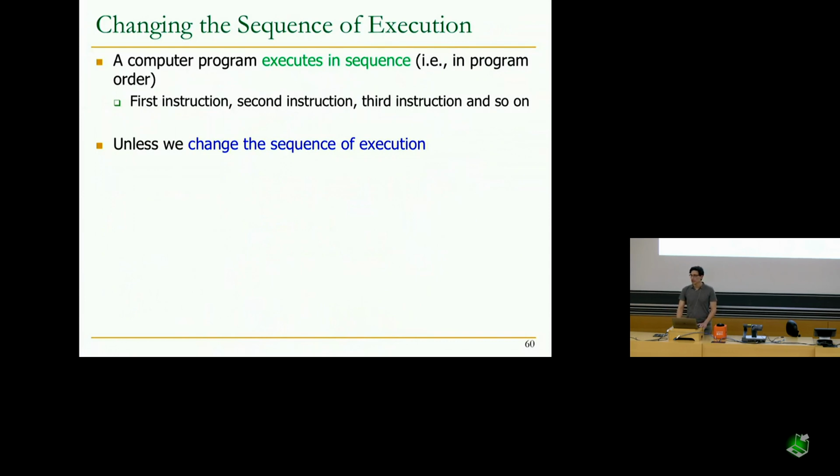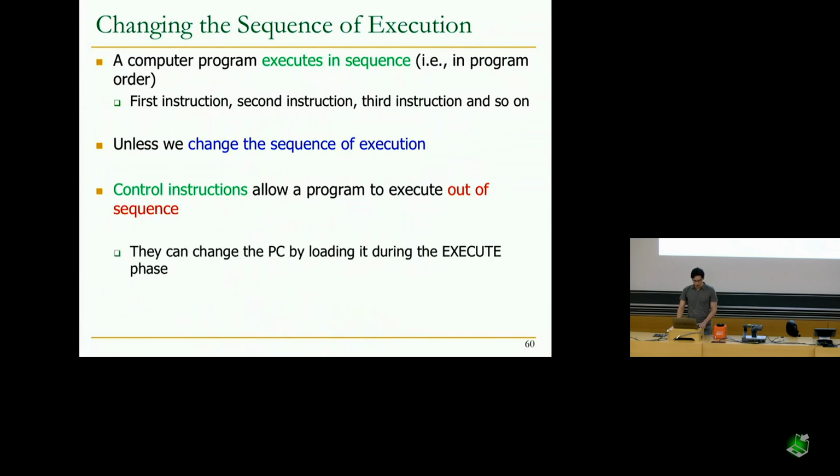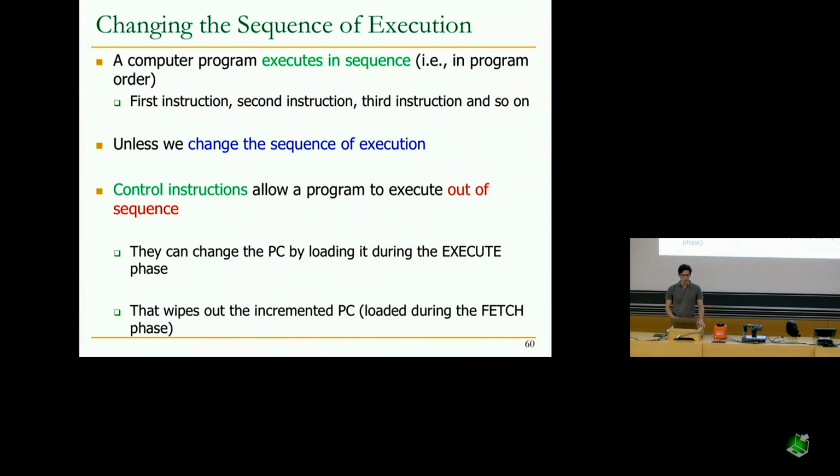Those are the control instructions. And these control instructions allow us to run the program out of sequence. They change the program counter, and this wipes out the incremented PC, because the PC is always incremented in the fetch phase.